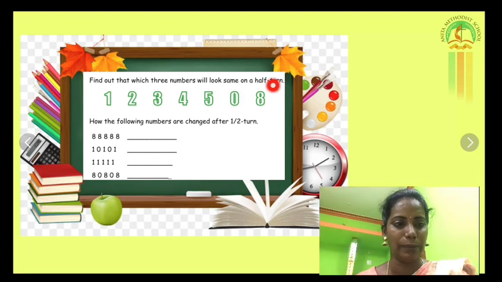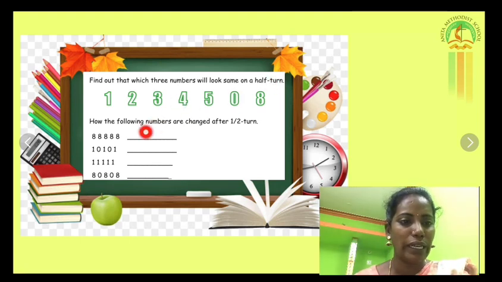Guess the answer. How are the following numbers changed after half a turn? Fill in the answers.